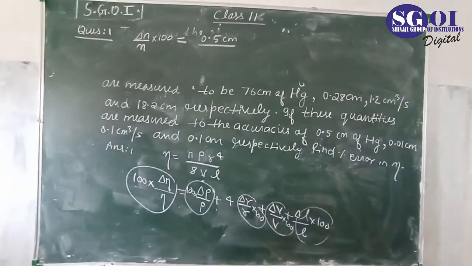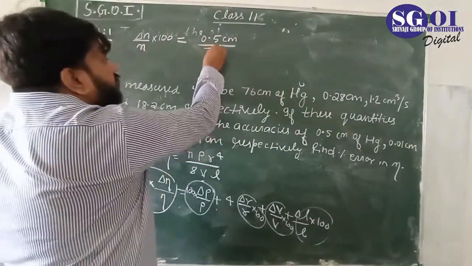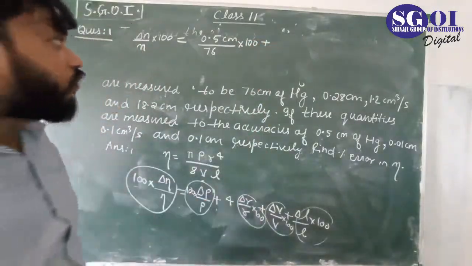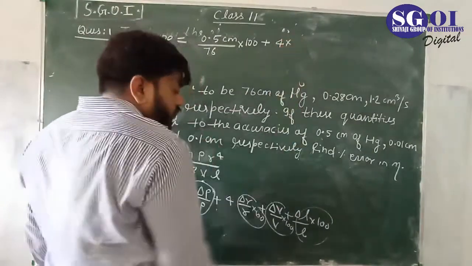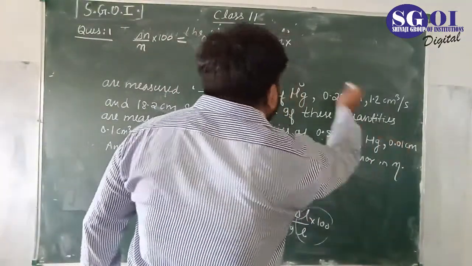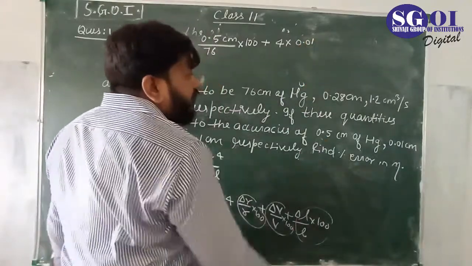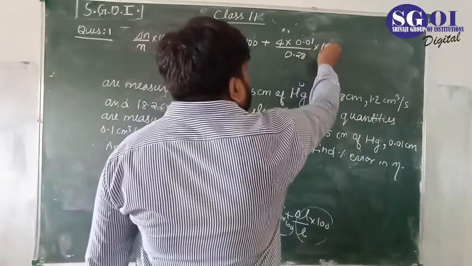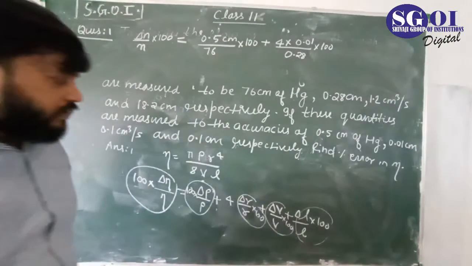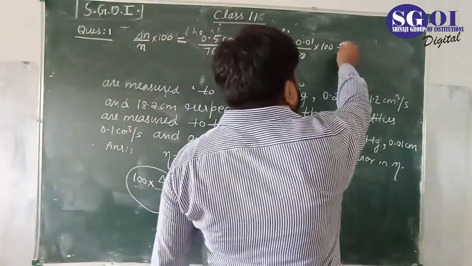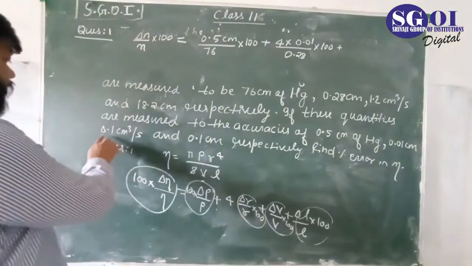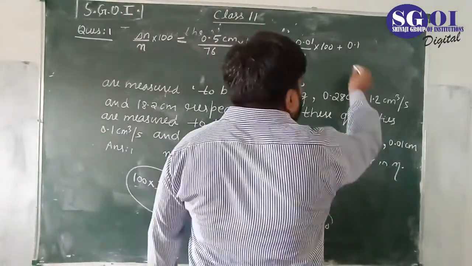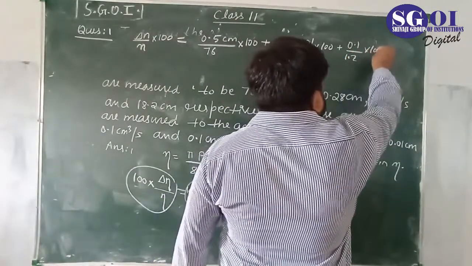The value of P you have given is 76 centimeter, into 100, plus 4 times delta r, which is 0.01, and what is r you have given, 0.28, into 100. Then for delta V upon V: for delta V we have given 0.1 centimeter cubic, and for V we have given 1.2, into 100.